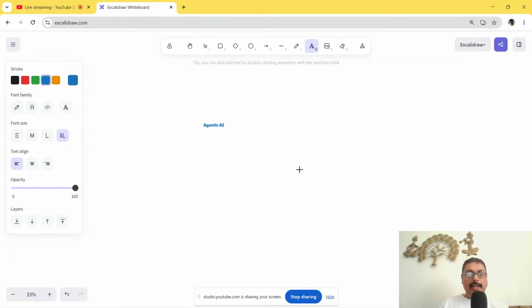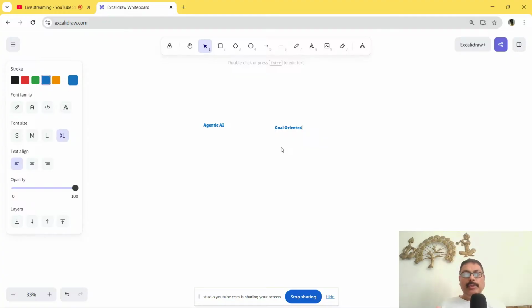The most important aspect here is that my AI is becoming goal oriented. So goal is very important. My AI is now becoming goal oriented.